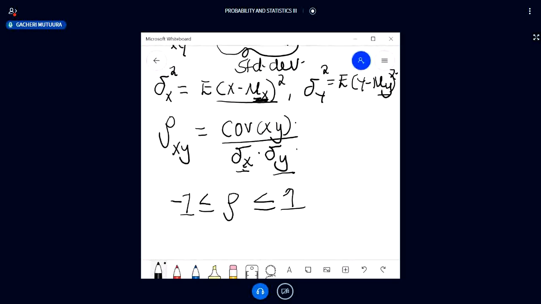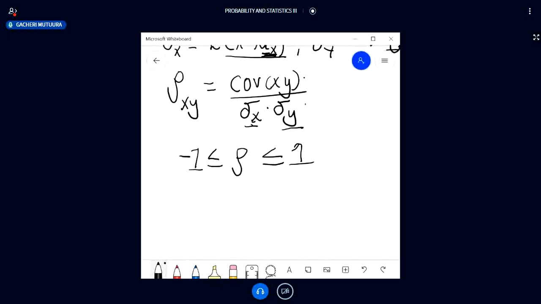And I told you, if you want to get the exact interpretation of what percentage of x is explained by y or vice versa, then you get rho squared, which is usually a value between 0 and 1, because if you square negative 1, that's 1. It is called the coefficient of determination.